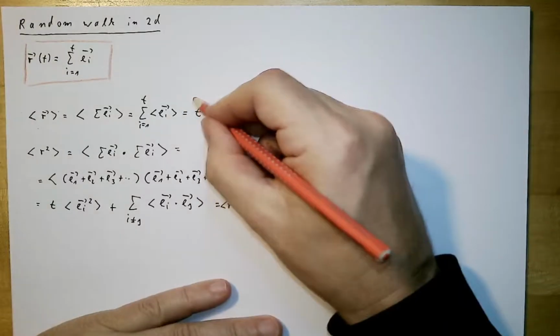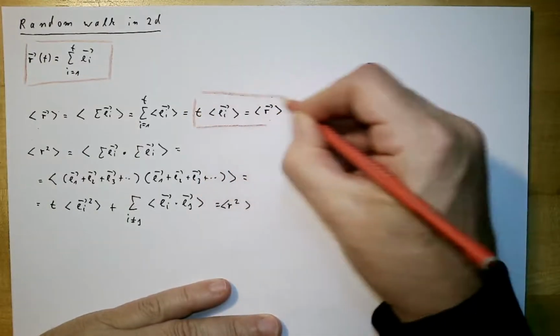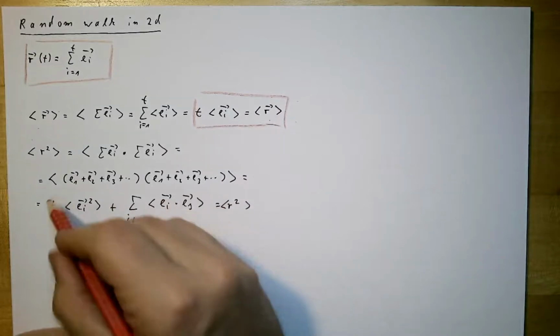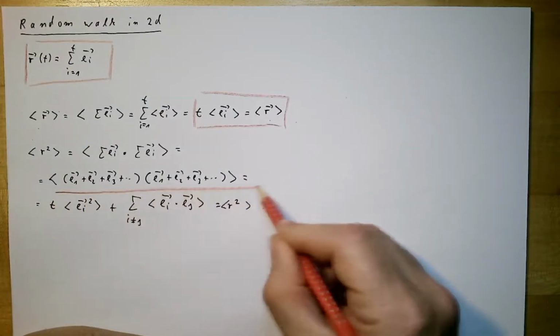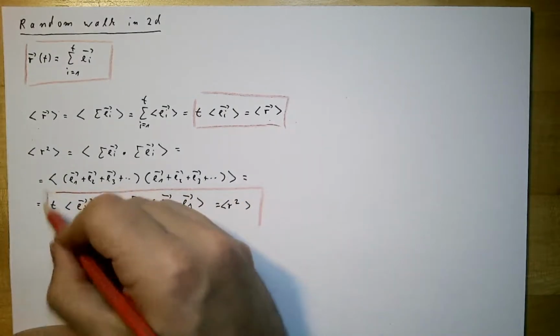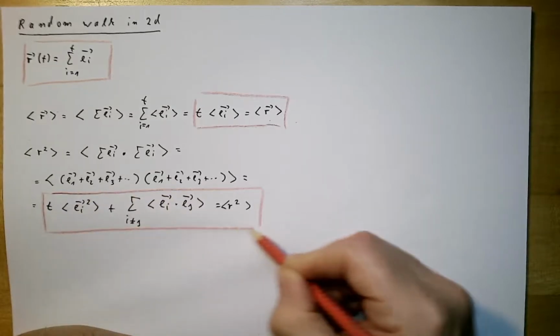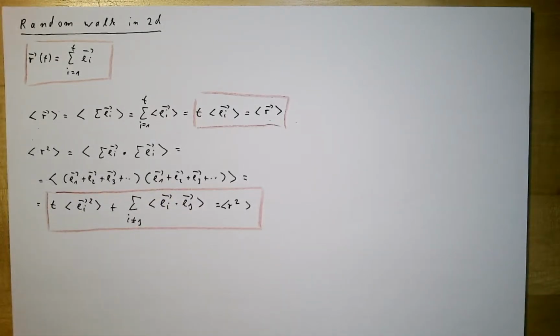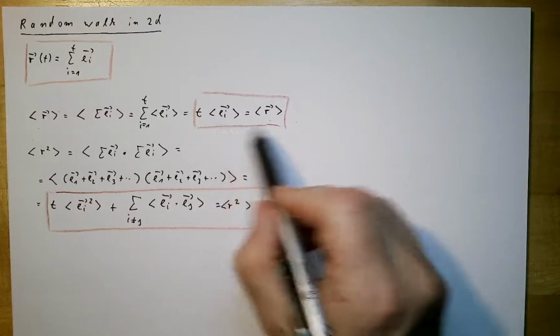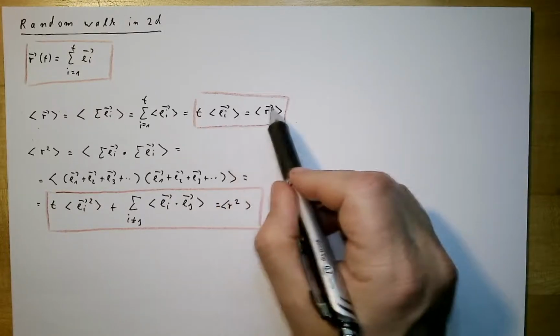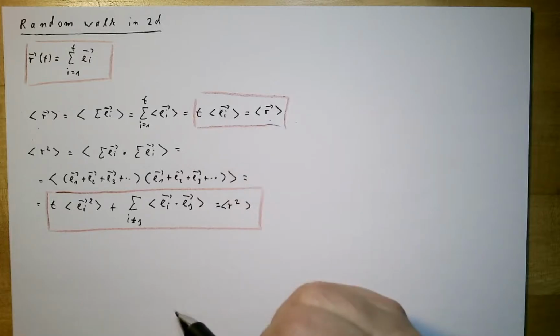These are the two major results, and they correspond directly to the results we had in one-dimensional random walks, with the difference that now for the first moment we have a vector, we have a real orientation.